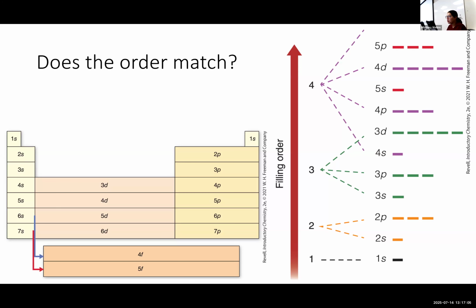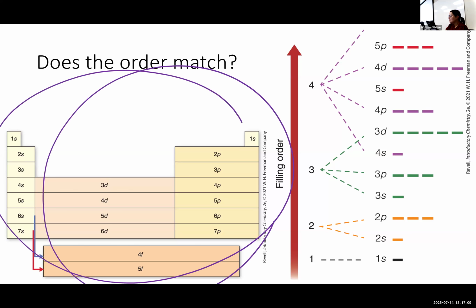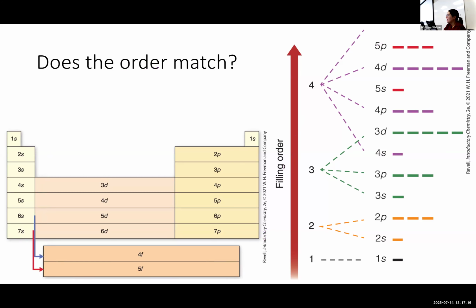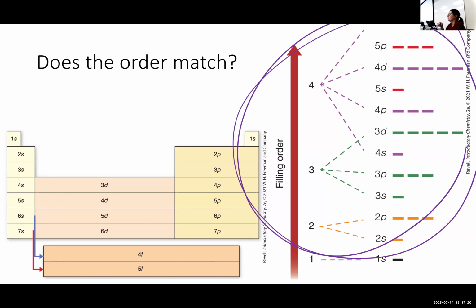Practice it, do the worksheets, do the homework, do whatever you can to be able to read this, because you may or may not be given it. If there is a question on the exam that gives you this, I'll tell you now, this is the way to kind of cheat the system: you can always go back to it and help yourself out. But you might not be given it.